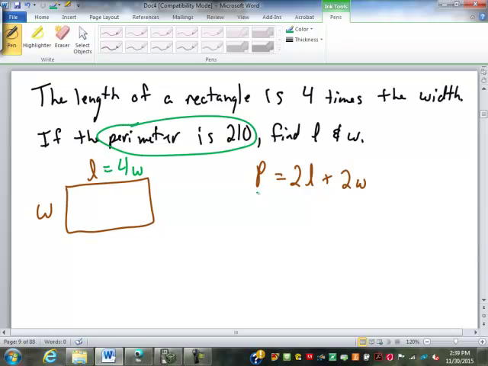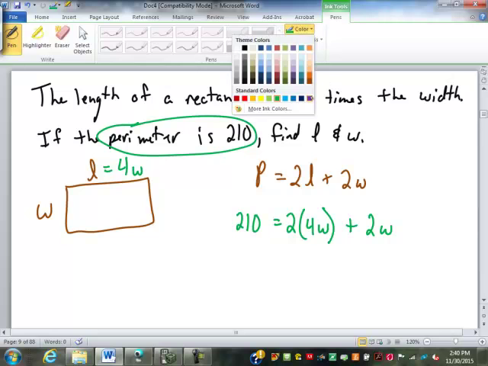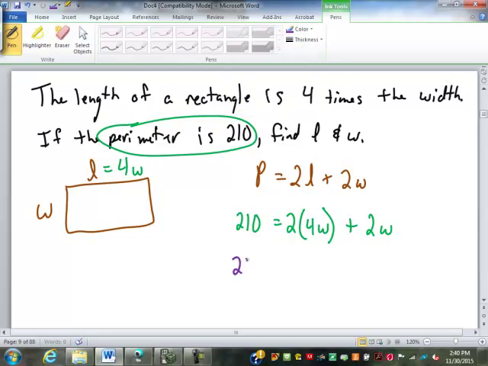Perimeter is 210. So we're going to rewrite our equation here. 210 is going to go in for P. And then for L, instead of 2 times L, it's going to be 2 times 4W. We still have the plus 2W out there. So now we're going to combine. 2 times 4W becomes 8W.